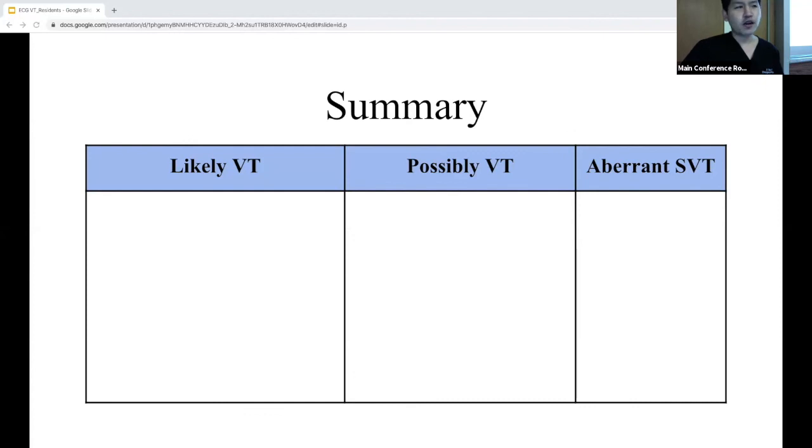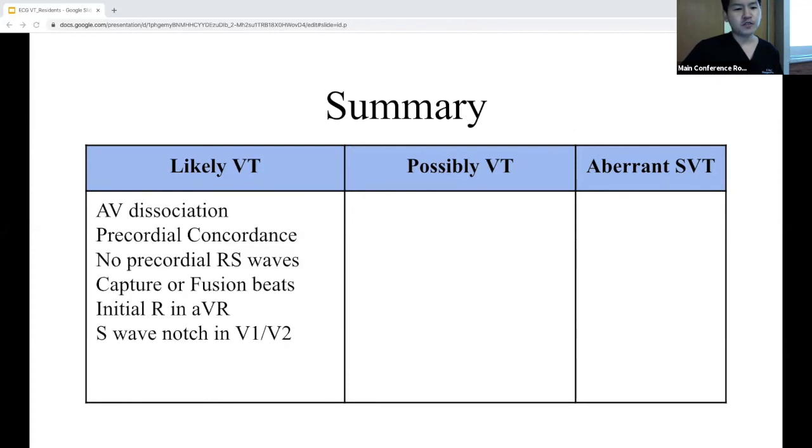So just to summarize all the findings I just discussed, some features that are likely to point to VTAC: you may see AV dissociation, precordial concordance, no precordial RS waves, capture or fusion beats, initial R in aVR, or an S wave notch in V1, V2. All these may point to VTAC rather than SVT with aberrancy.